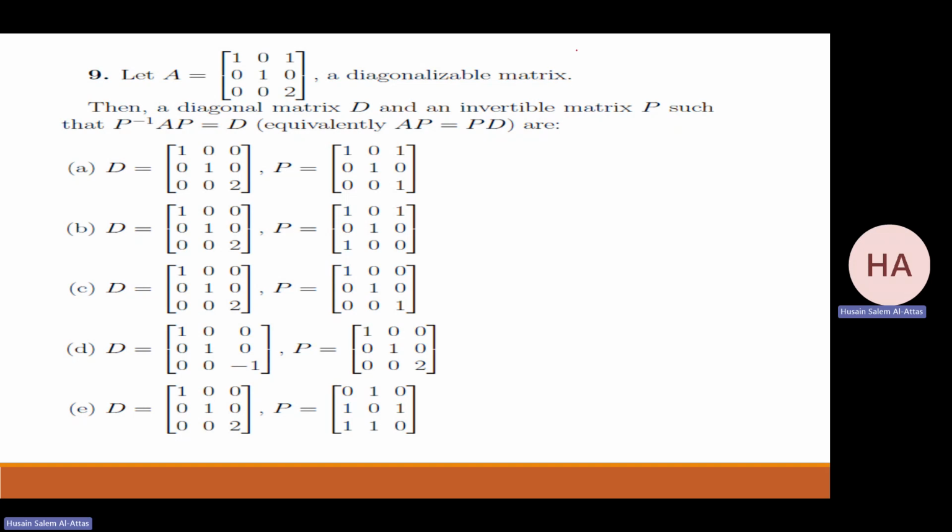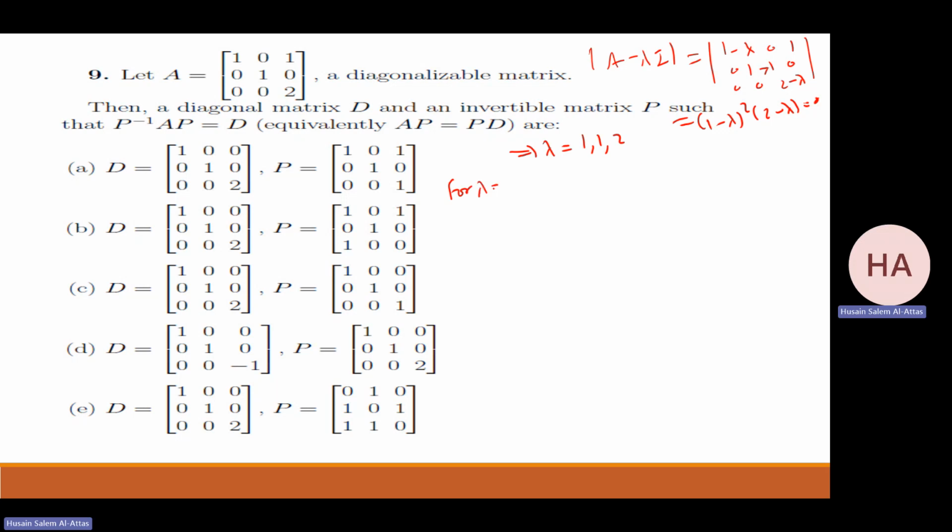So I have the determinant of A minus lambda I. That gives me 1 minus lambda, 0, 1; 1 minus lambda, 0, 0, 0; 2 minus lambda. So very clear, that will be 1 minus lambda squared, 2 minus lambda equals 0. So the eigenvalues will be 1, 1, 2.